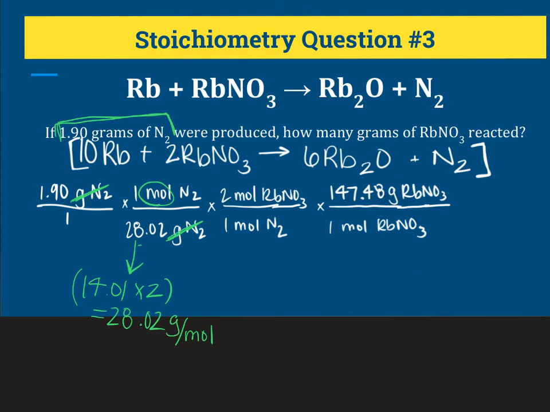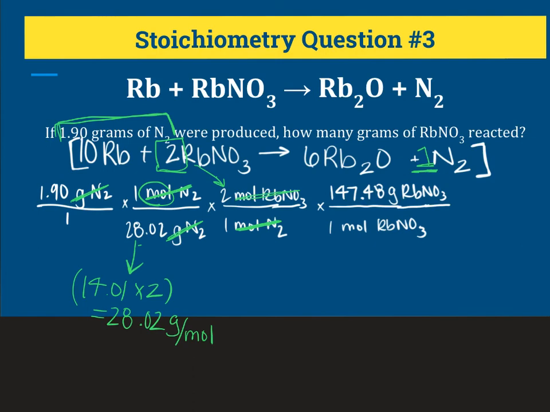We know we have to write moles of N2 at the bottom in our denominator in this fraction. And from our coefficients here, we know 1 mole of N2 reacts with 2 moles of RbNO3. And that's how we got this top half right there.